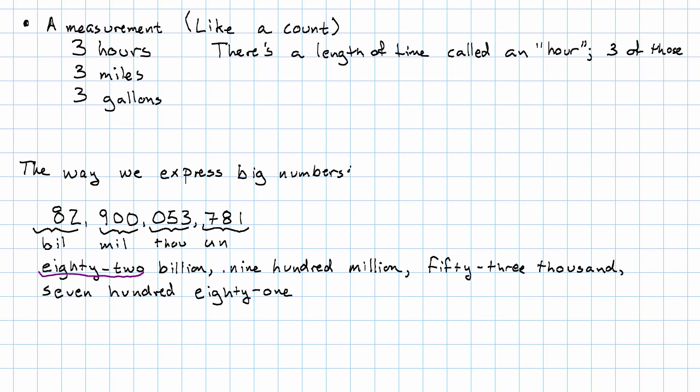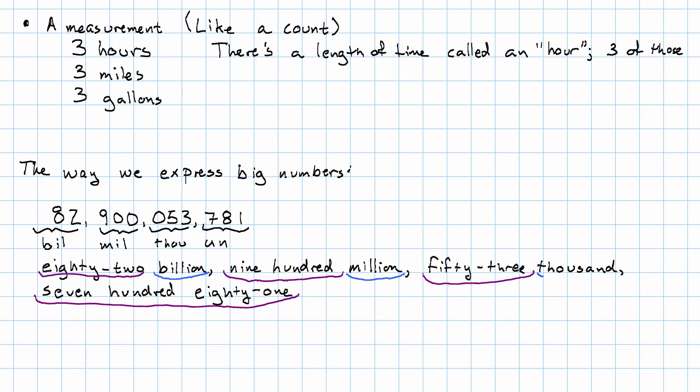So each of those groups of 3 digits has a name. 82, 900, 53, 781. And then for all but the last one, there's a word that says where we see it. We see 82 in the billions group. We see 900 in the millions group.